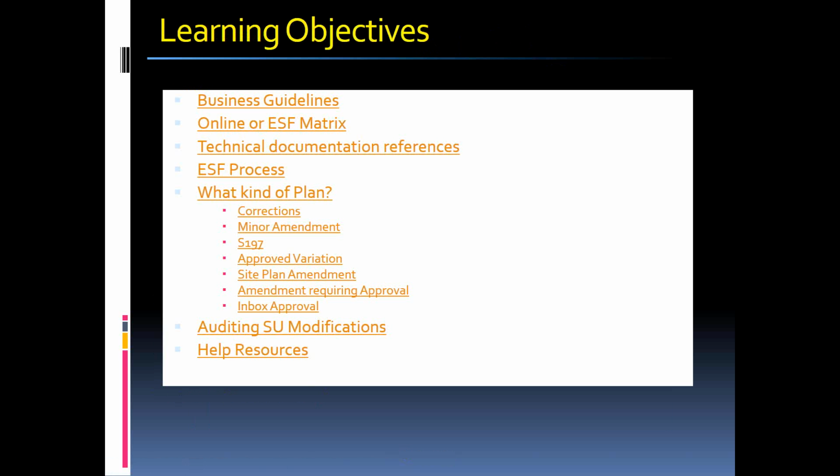And then we're going to talk about the ESF process and go through understanding what kind of plan you have, and then going through each of the different kinds of standards unit modifications that there are available and how to set up your ESF file. And then we'll talk about how results audits this information online, and then resources for helping you out in case you run into problems.